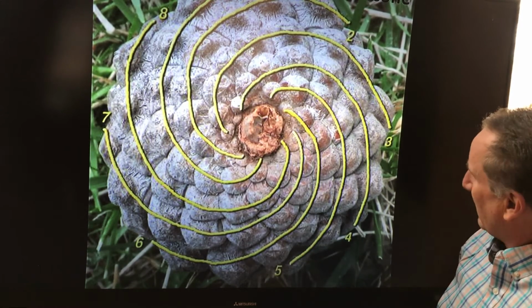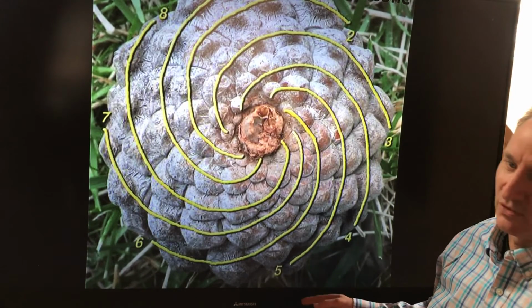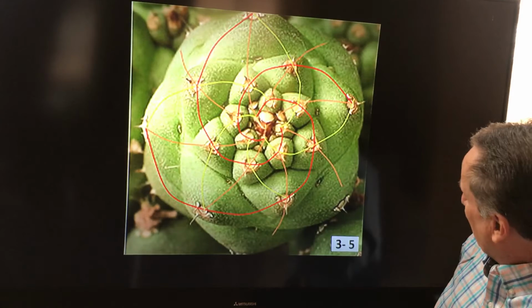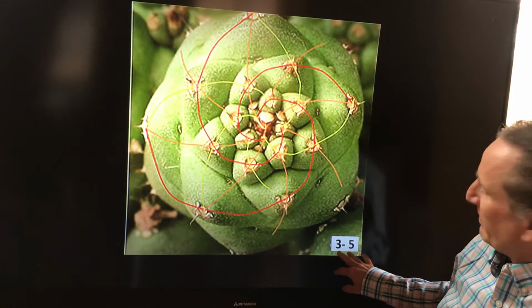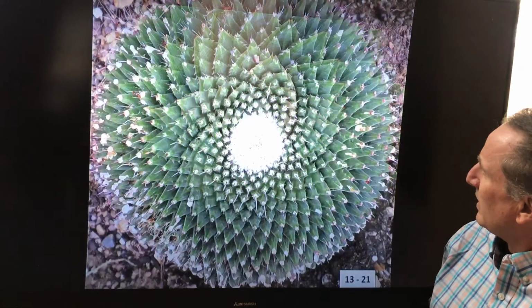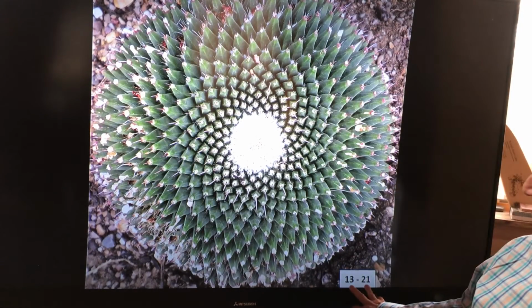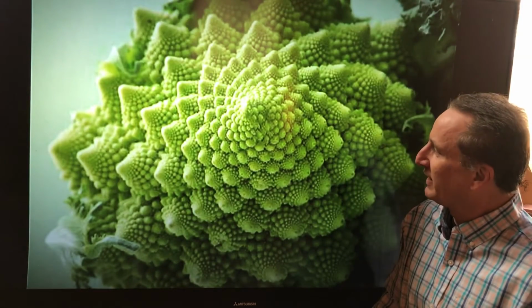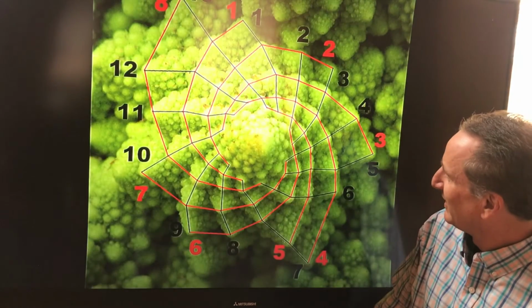Yeah, those are the two Fibonacci numbers. Okay, go ahead. All right, small cacti are Fibonacci numbers of 3 and 5. So you can see that in just most plants, 13, 21, that exhibit spirals.